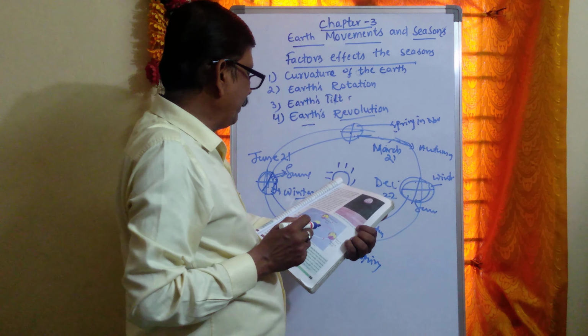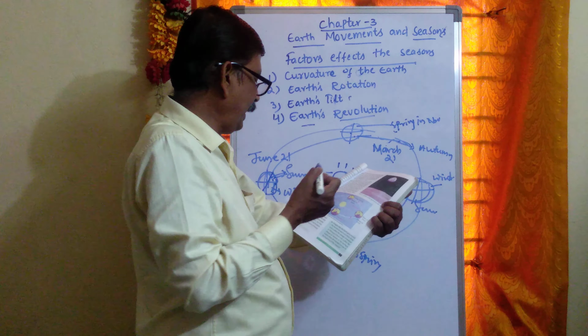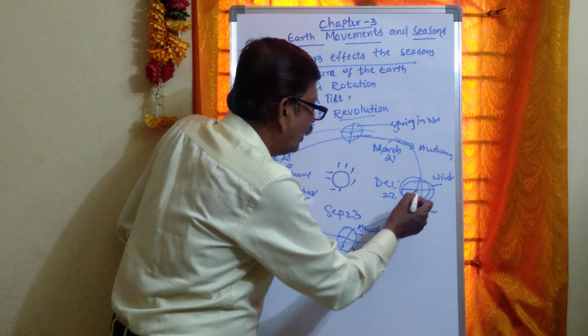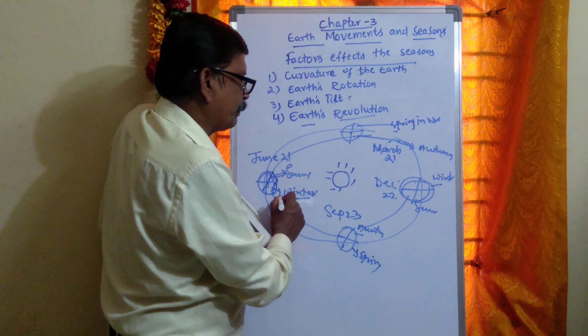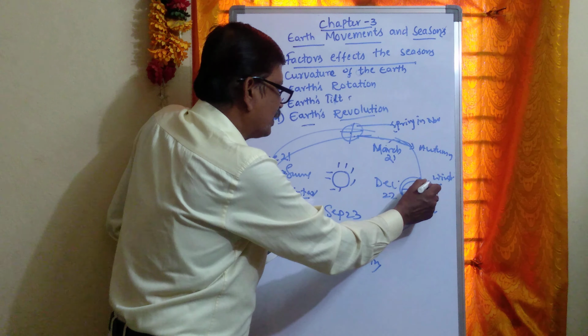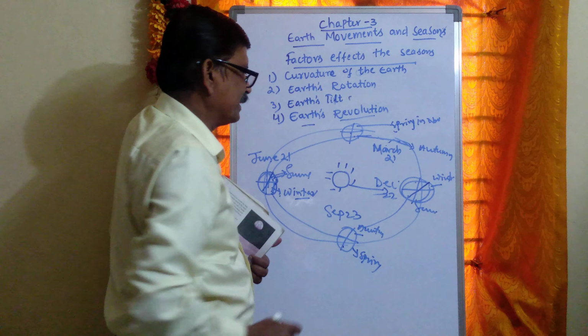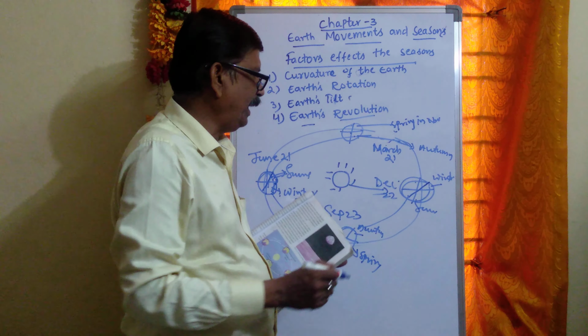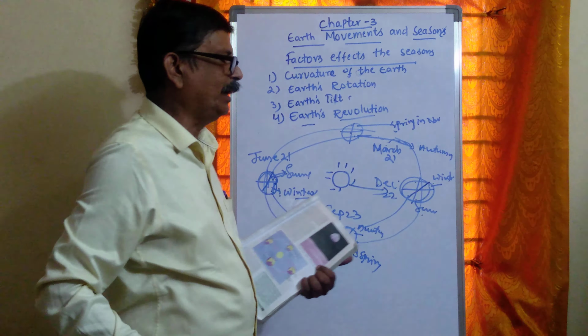In the December month, the positions change. Northern hemisphere has winter, while in June, the southern hemisphere has winter. That means the southern hemisphere is tilting more, with more portion facing toward the sun. That's why it is summer here, and when it's away from the sun, that's why it is winter here.